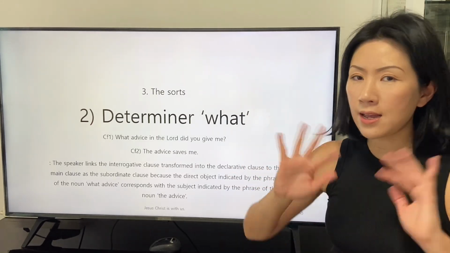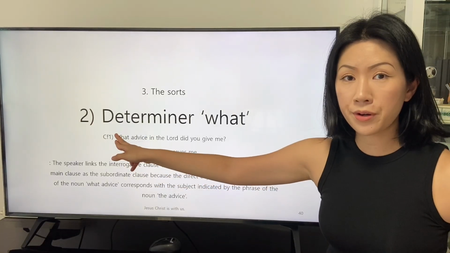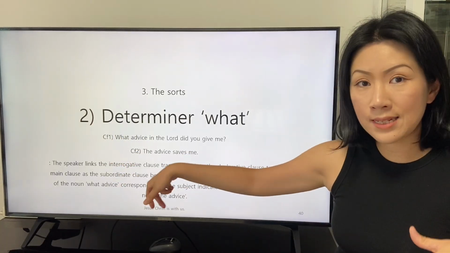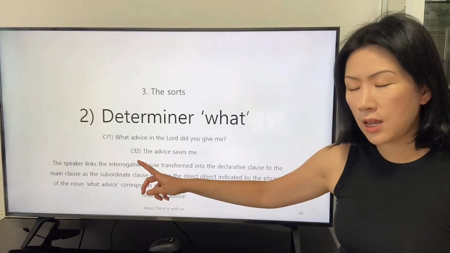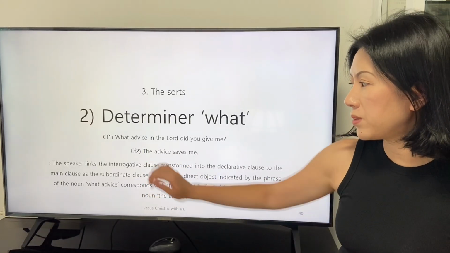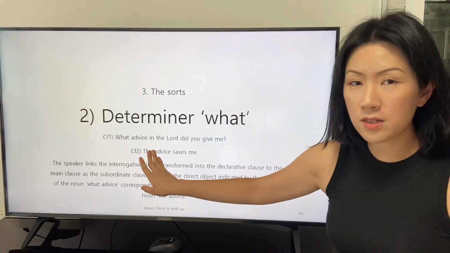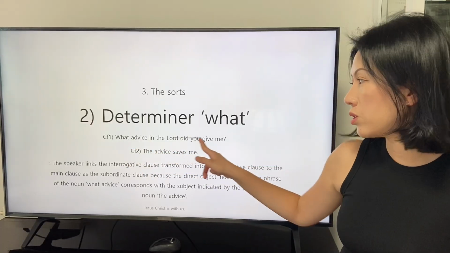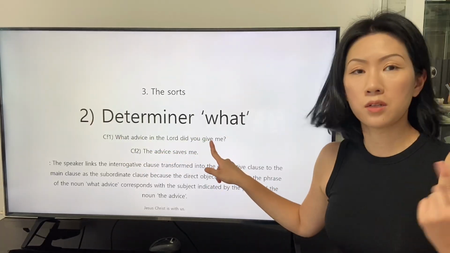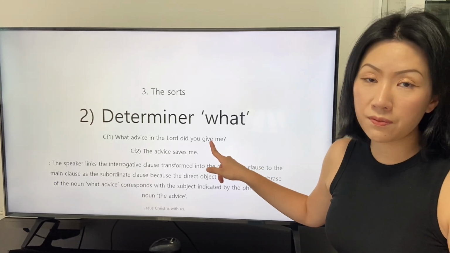The speaker finds out that the direct object in the first interrogative clause is the same object as the subject of the second clause, and the speaker replaces the subject of the second clause, the main clause, with the entire first clause that became the declarative statement.